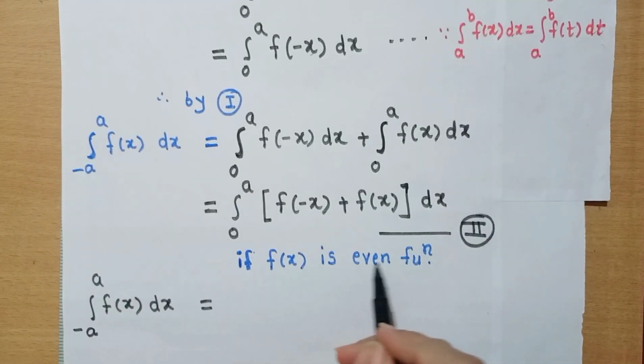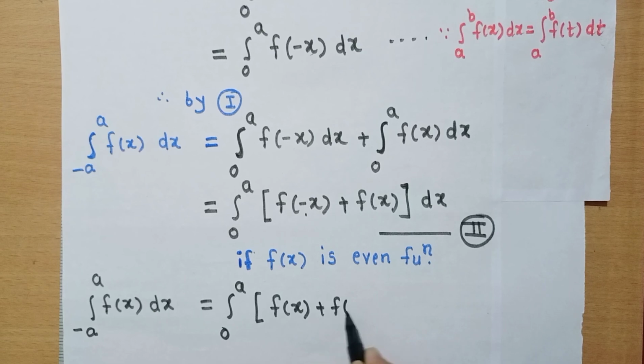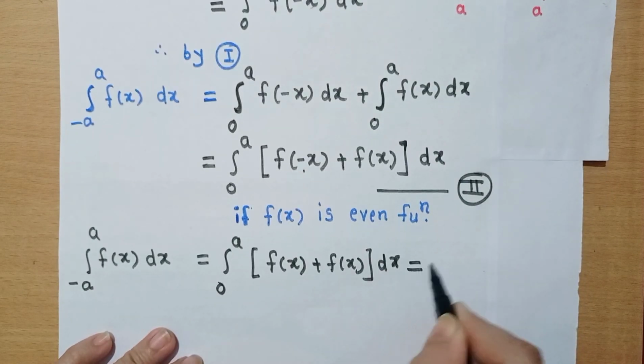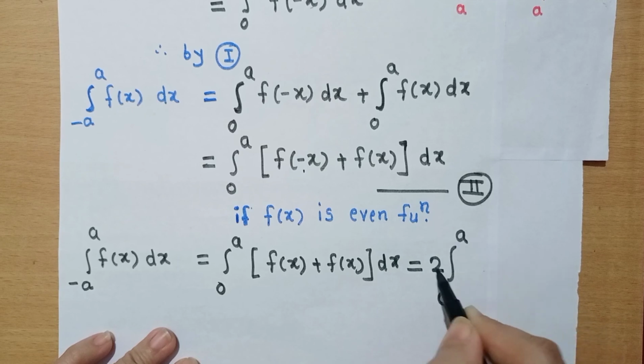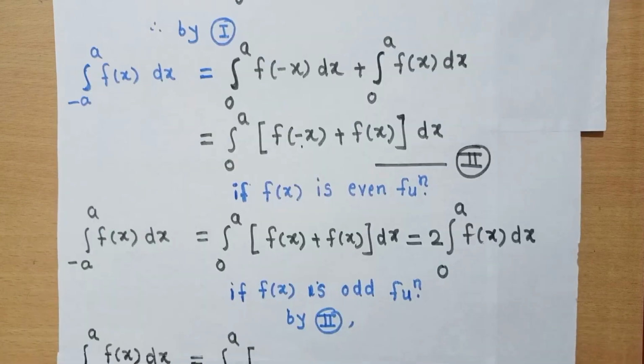And therefore if f(x) is an even function, here we will write f of x and this f(x) as it is dx, and f(x) plus f(x) means twice f(x), we will take this 2 outside and our required answer is twice integration 0 to a f(x) dx.